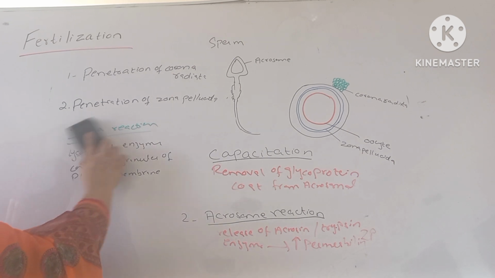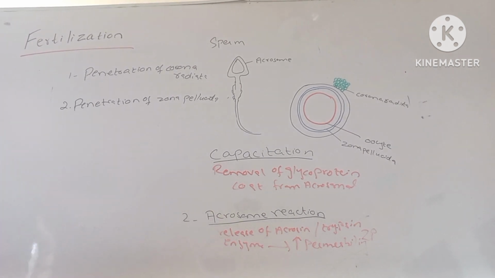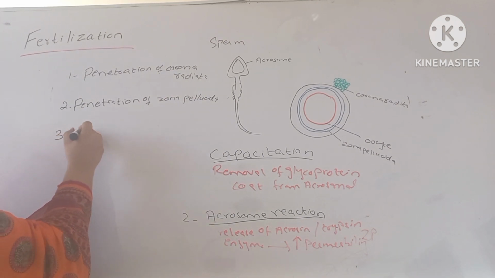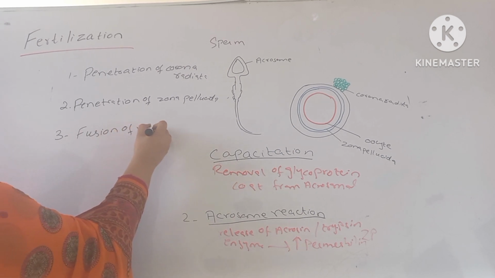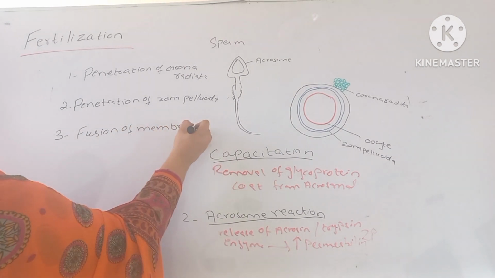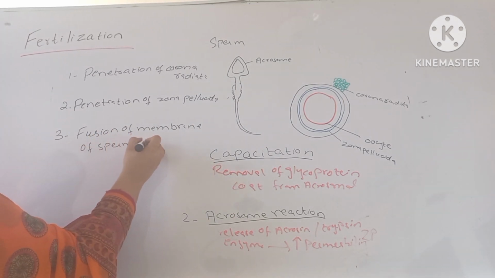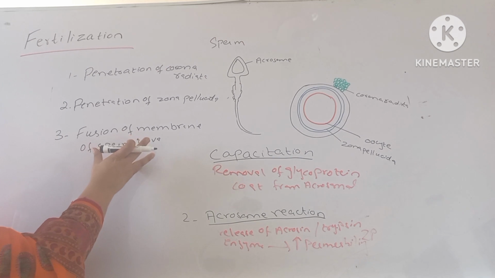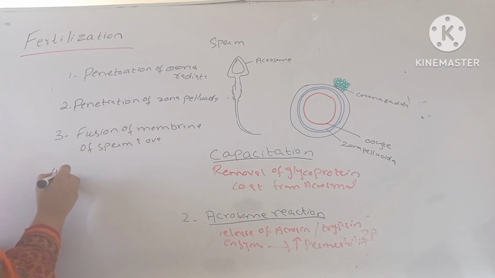The third step is the completion of the second meiotic division of the oocyte, and there will be the fusion of the membranes of sperm and ova.